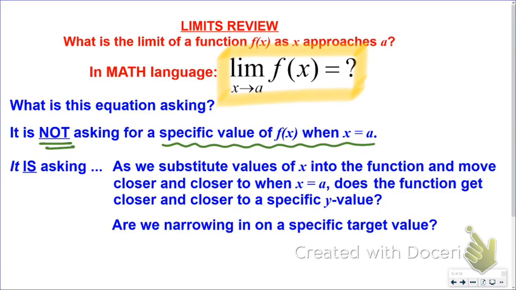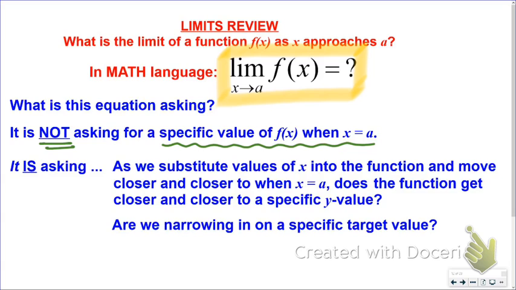In fact, what you're being asked is, what is the y value or the function value getting closer to as x approaches a? So if a were 3, for example, I would say, what is y approaching as x gets closer and closer and closer to 3?